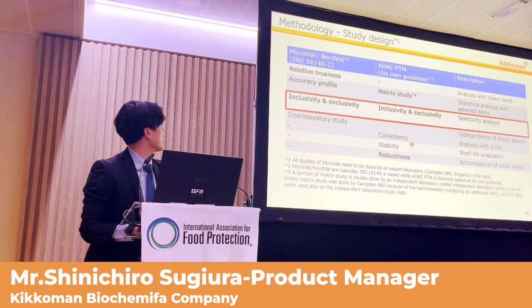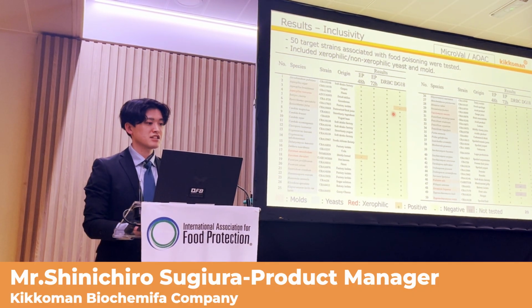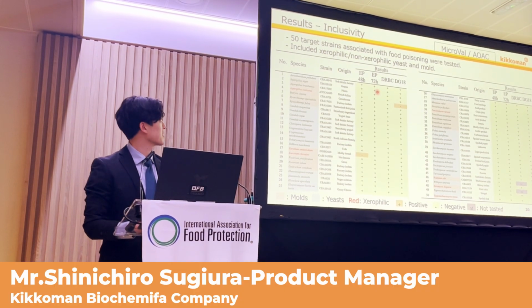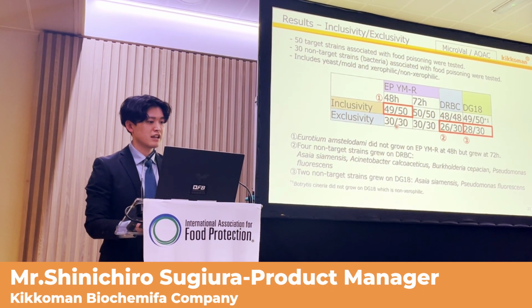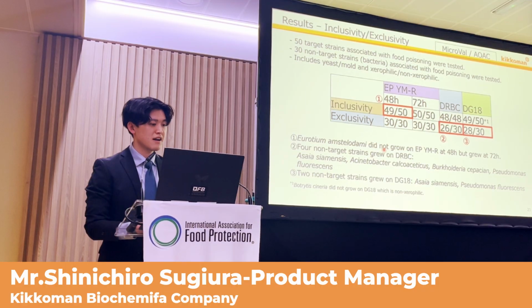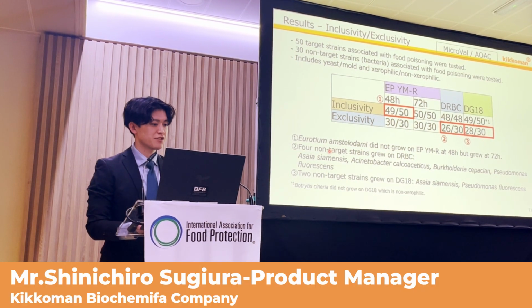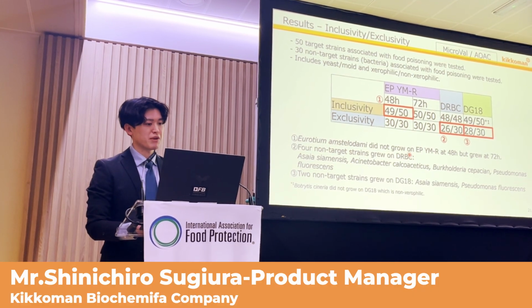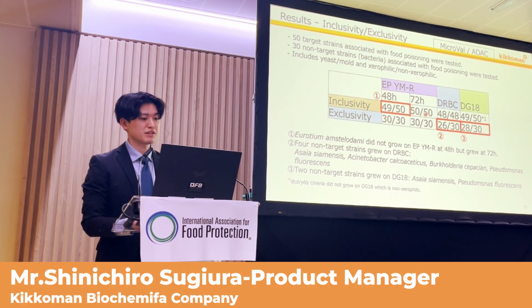And the next study is inclusivity and exclusivity. And in inclusivity, 5 target strains were tested, and those included both xerophilic and non-xerophilic yeast and mold. And this is a summary, and one xerophilic mold, which is Eurotium amstelodami, did not grow on EPYMR at 48 hours, but it grew at 72 hours.